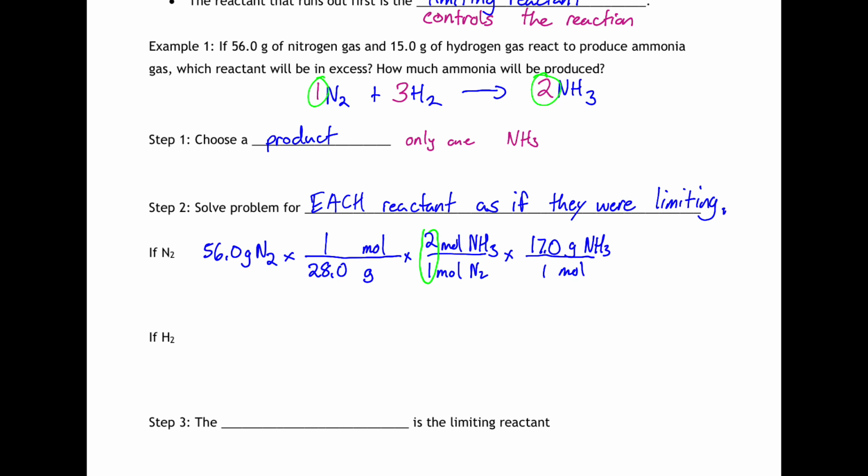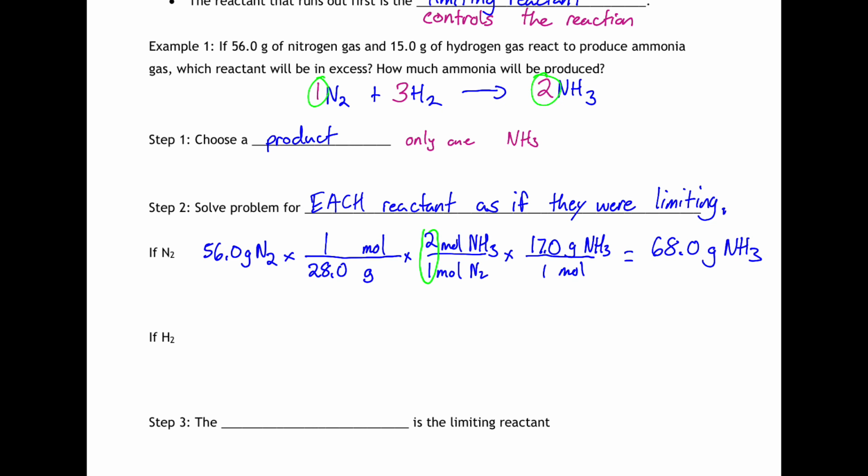But now we will need to get our calculators out to do this math. So let's multiply and divide as we need to figure out how many grams of NH3 we're going to get. I need my calculator. All right, after all the calculator nonsense, we get 68.0 grams NH3.